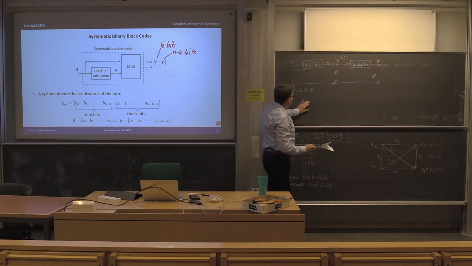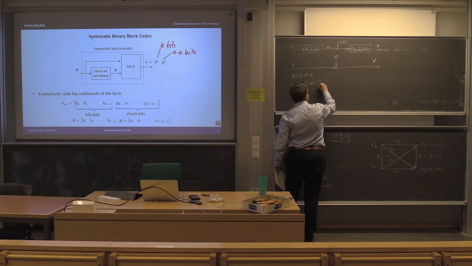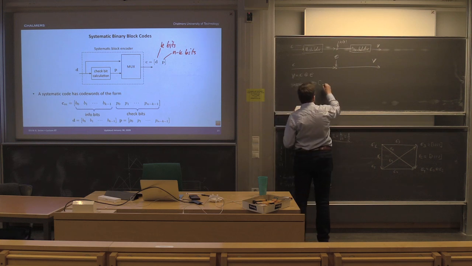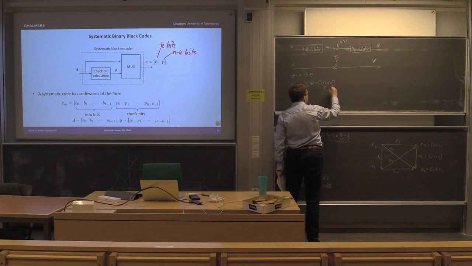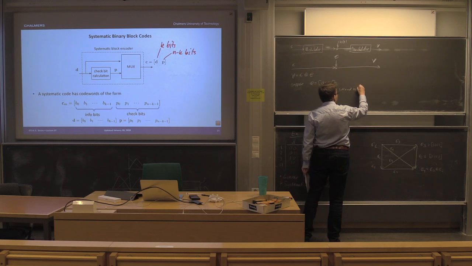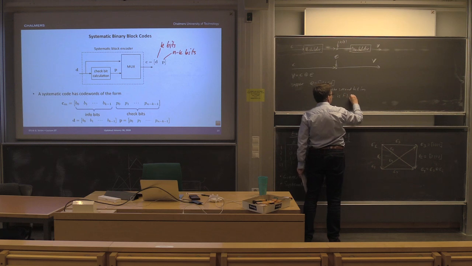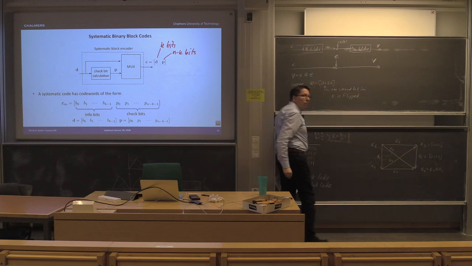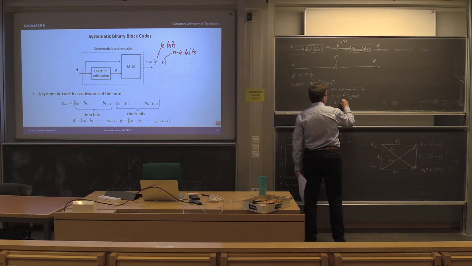Right? So suppose e is equal to, and let's take an example, say 0, 1, 0, 0, like this. Then this tells us that the second bit in c is flipped, i.e. is in error.